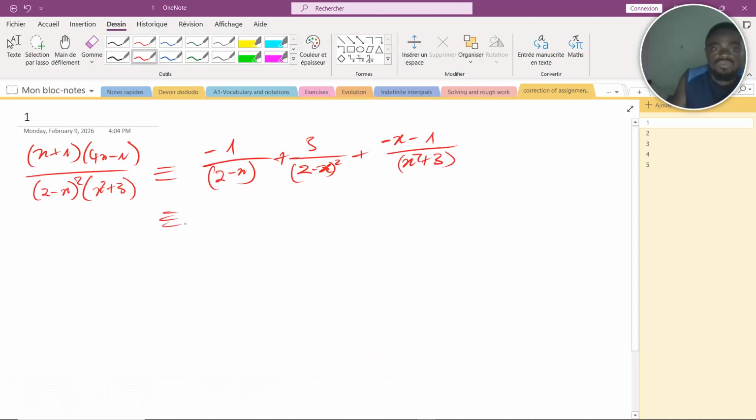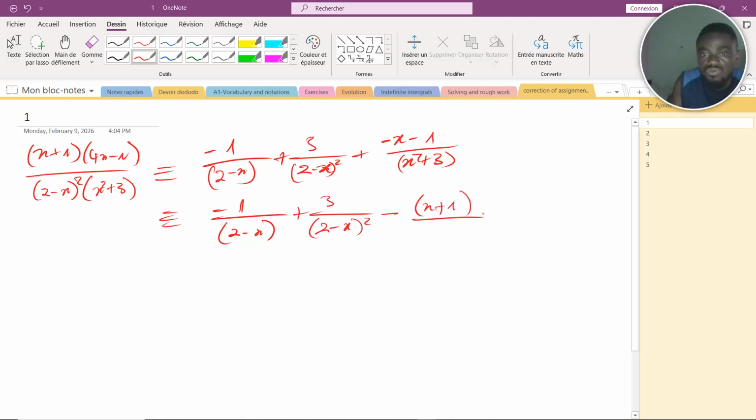So if I write things, this will be equal to minus 1 over 2 minus x, plus 3 over (2 minus x) squared, minus, because I factorize the minus here, (x plus 1) all over x squared plus 3. Basically, to integrate this, we know how to.